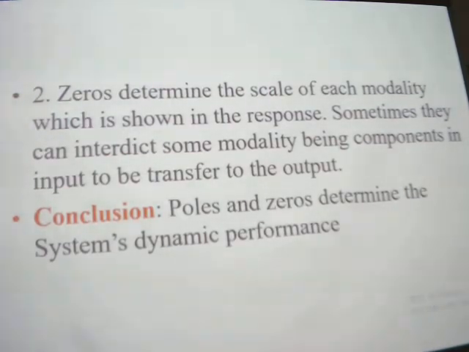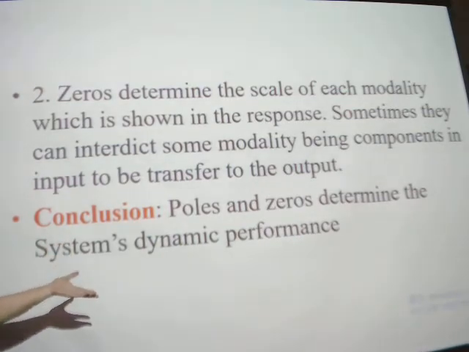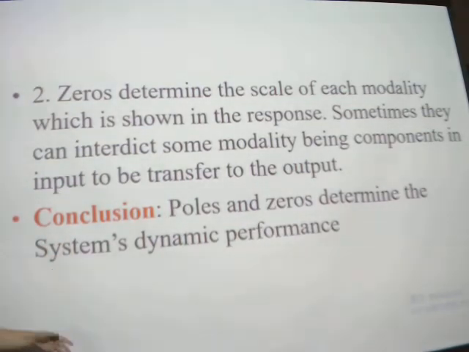Here zeros determine the scales of each modality, which is shown in the response. Sometimes they can prevent some modality in the input from being transferred to the output. And the conclusion is poles and zeros determine the system's dynamic performance.